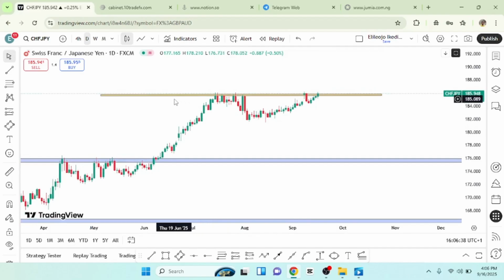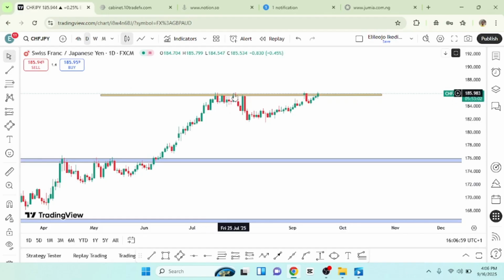my yellow bar. The reason why I'm using my yellow bar to map out this level is because this level has been tested multiple times, yes, but it has only been tested recently. It was first tested around July 2025. And then it was tested again around the same July 2025.